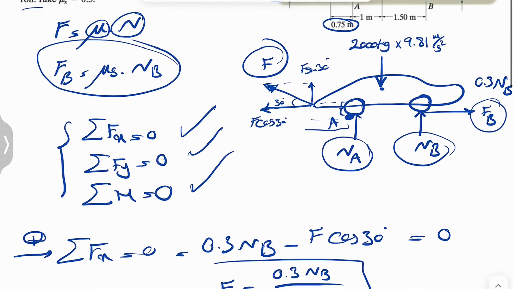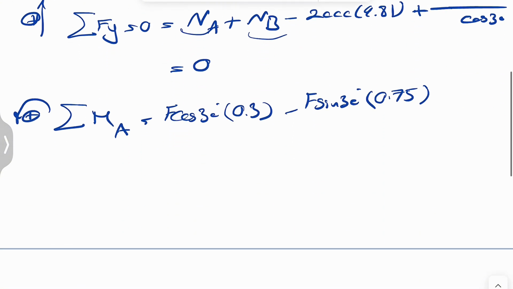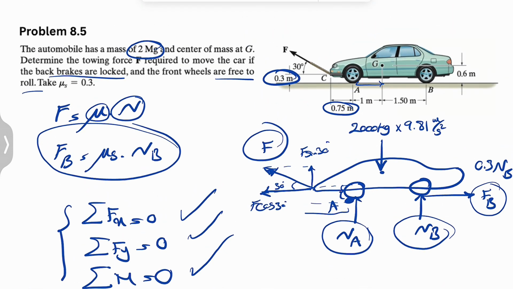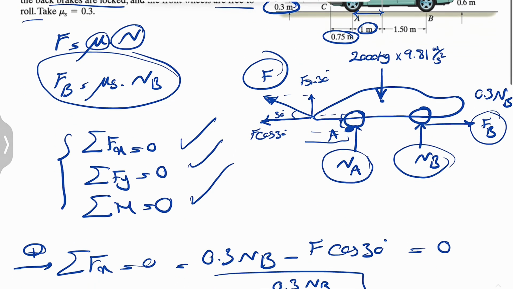And that's the moment of the F. We have the moment of the weight, which is also clockwise, so negative 2000 times 9.81 times the distance from G to A, which is 1 meter.